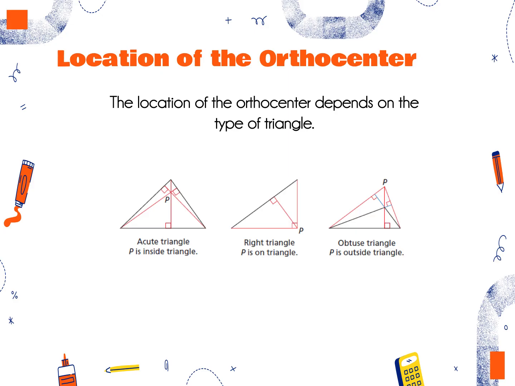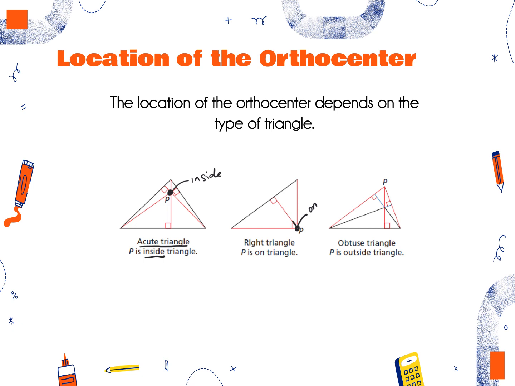So the location of the orthocenter, again, is something you want to talk about. We already talked about the orthocenter being either in, on, or outside of the triangle. And again, it's kind of similar to the circumcenter. If the triangle is acute, your orthocenter is inside. If the triangle is a right triangle, like we just observed, the orthocenter is on the triangle.